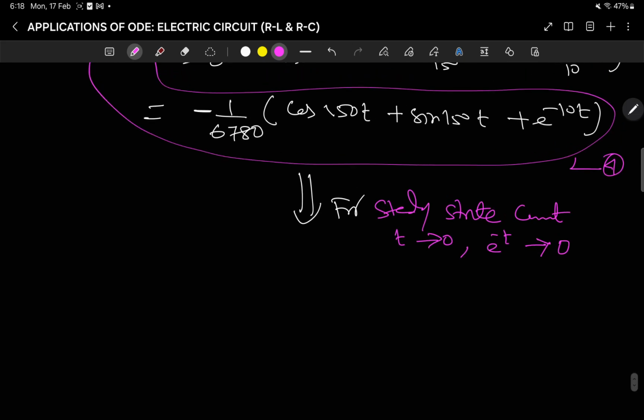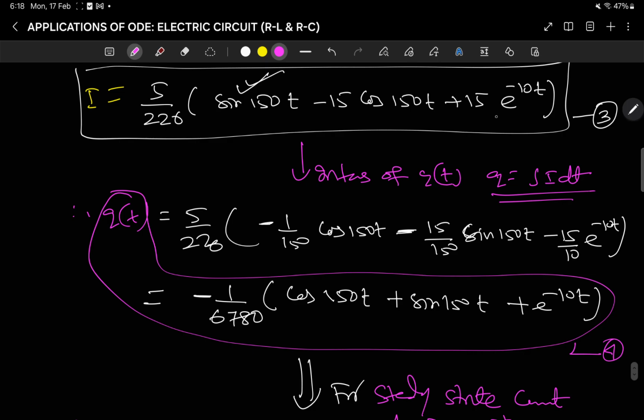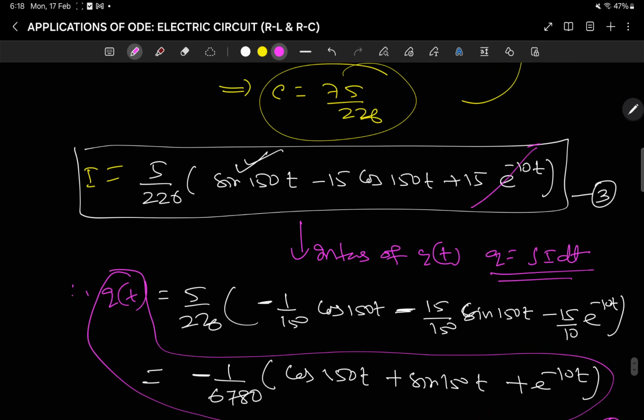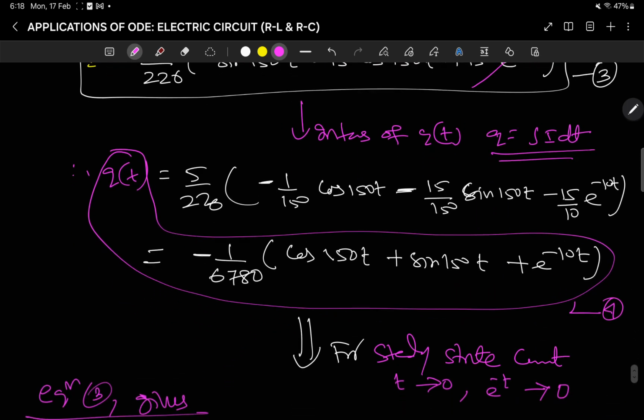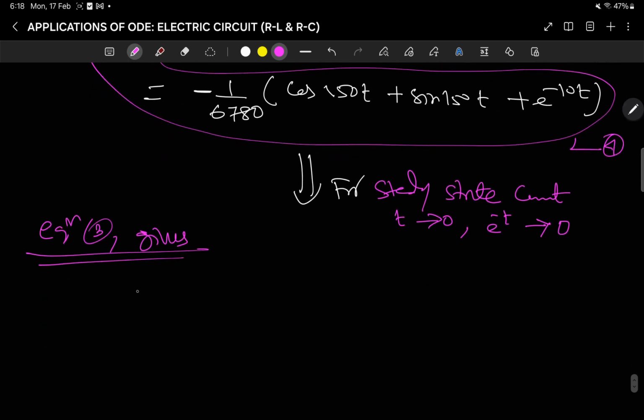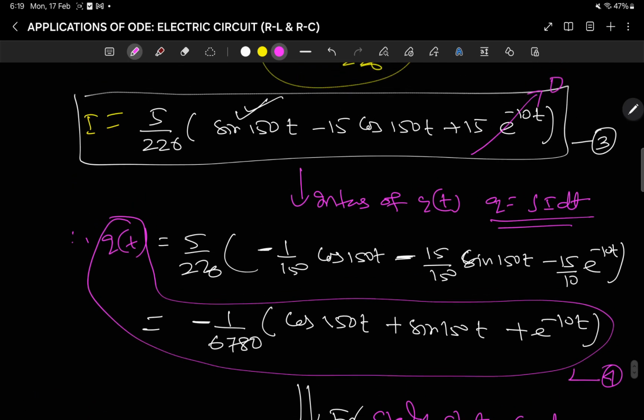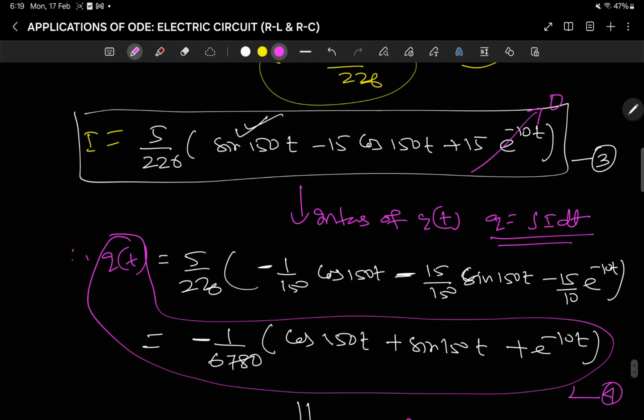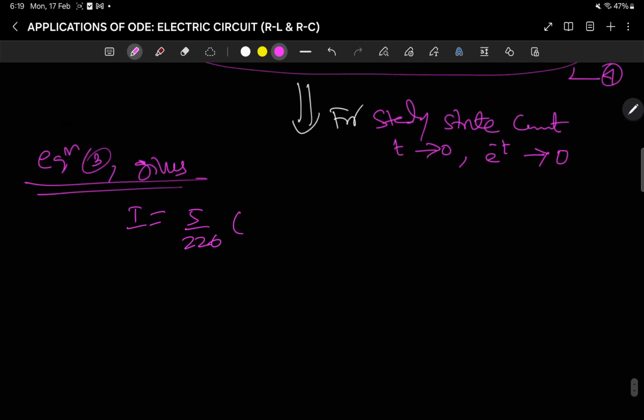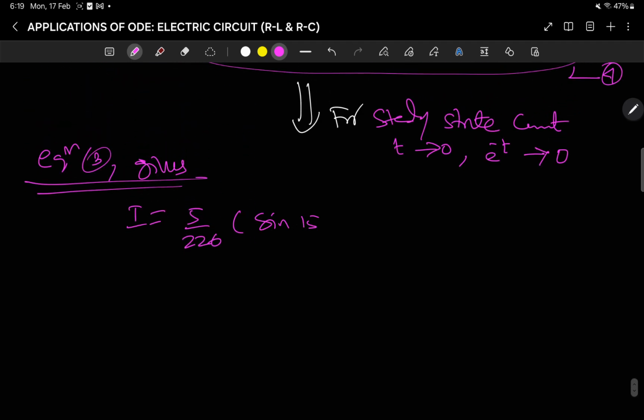Now equation 3 gives, this will tend to 0, and it will give I is equal to 5 by 226 sine 150t minus 15 cos 150t.